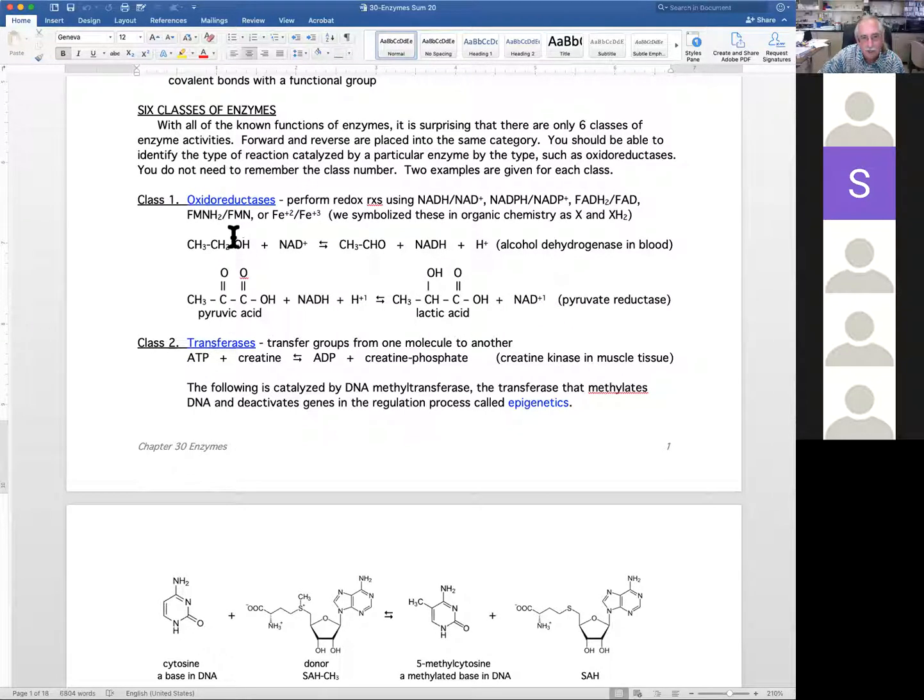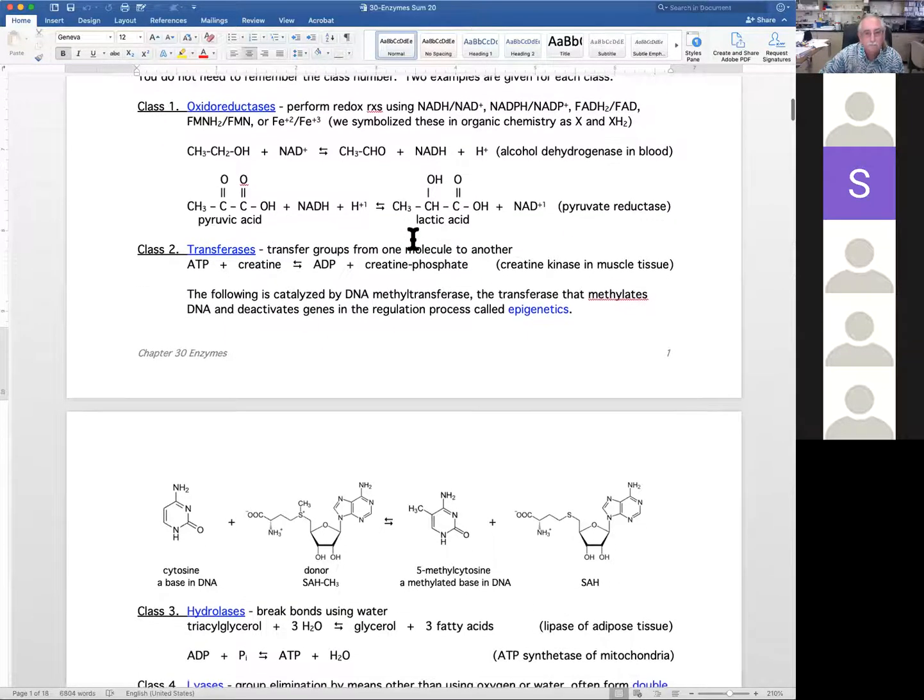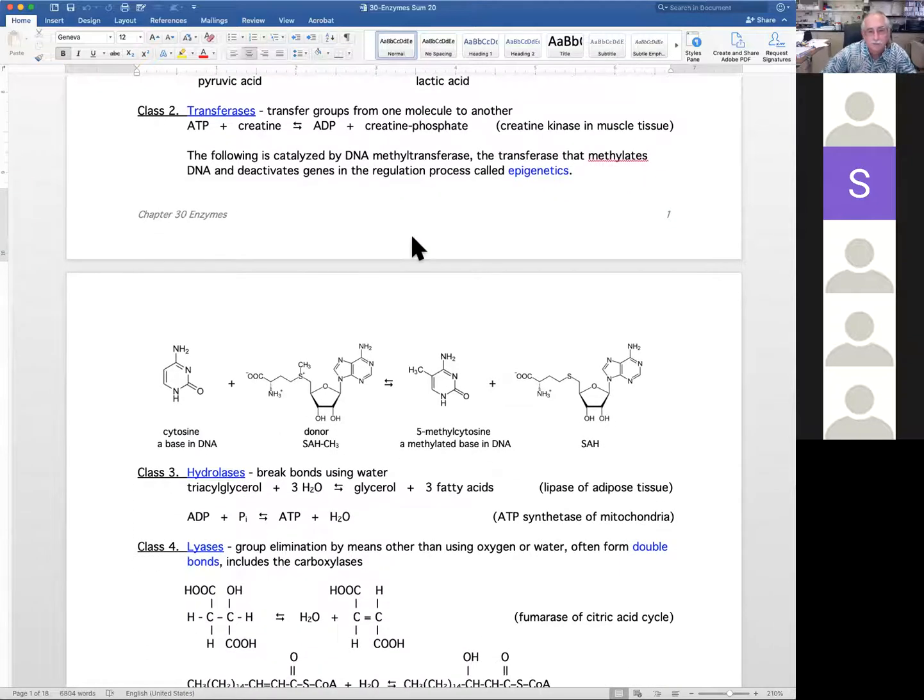If I oxidize a primary alcohol, I get an aldehyde. And a transferase is simply you transfer a group of atoms. It could even be a single atom, like a chlorine or something like that. You transfer it from one substrate to another.